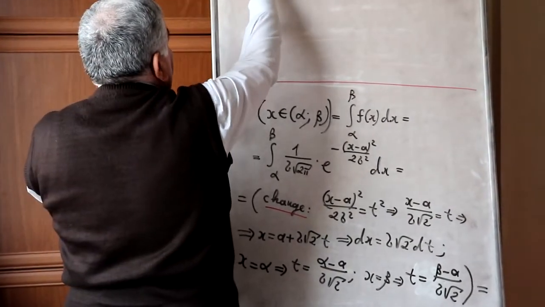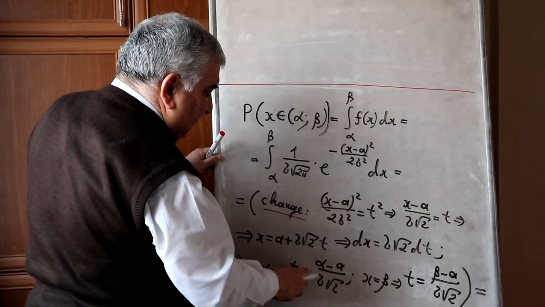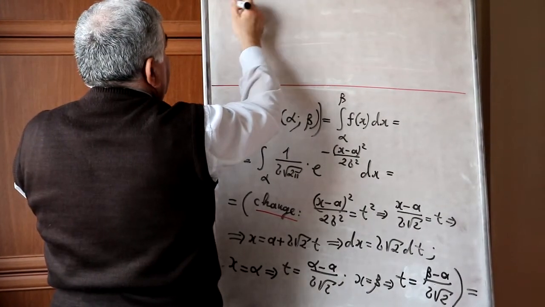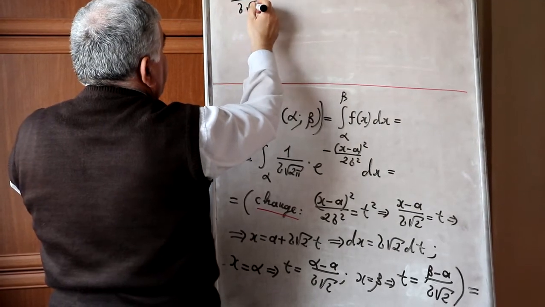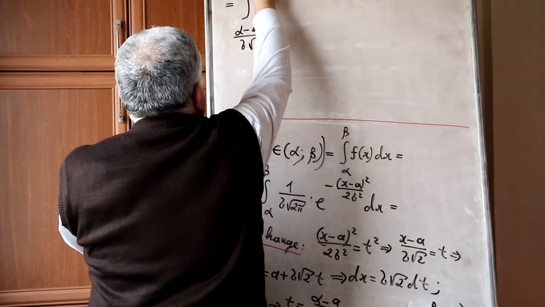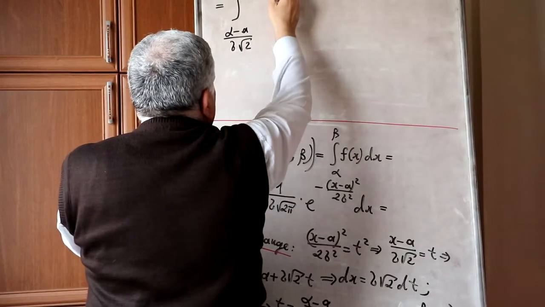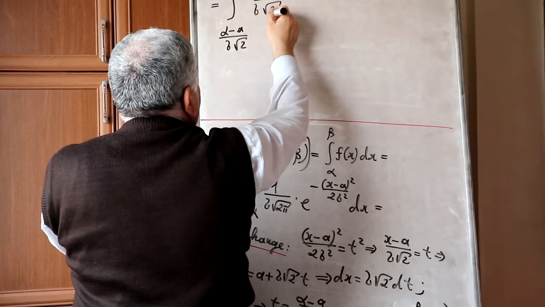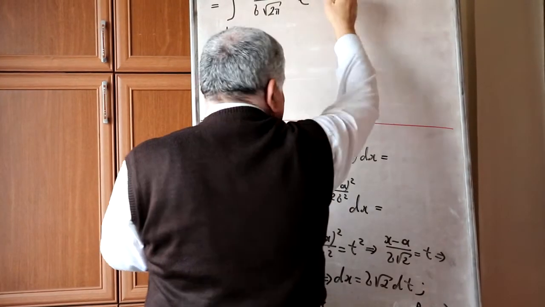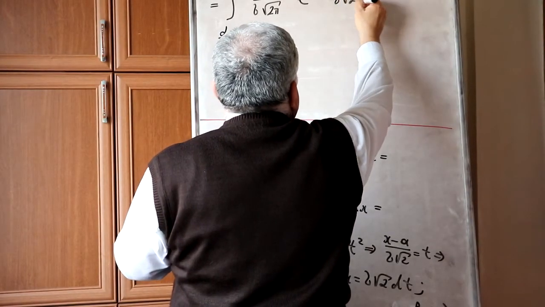It equals the integral from alpha minus a over sigma square root of 2, and the upper limit will be beta minus a over sigma square root of 2, of 1 over sigma square root of 2 pi multiplied by e raised to minus t squared, and dx is sigma square root of 2 dt.